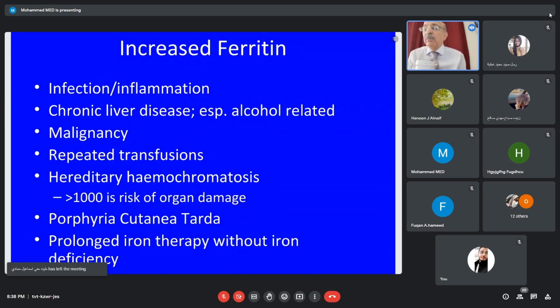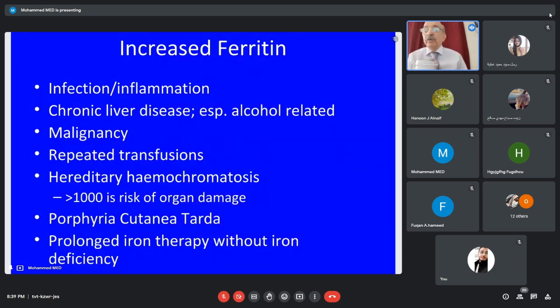This is the main mechanism. Plus the fact that some types of alcohol are stored in iron barrels, so they contain a big amount of iron, and in these cases, iron will get precipitated in organs like the liver, the heart, the pancreas, as I said earlier, the skin.